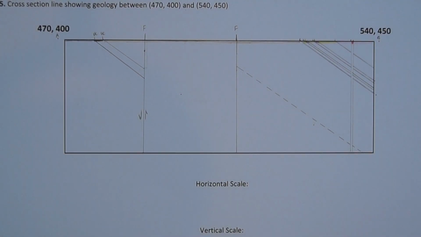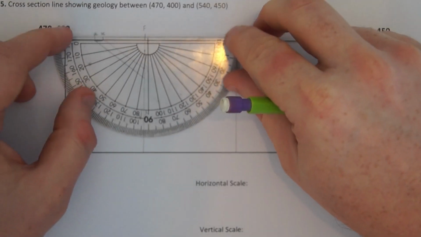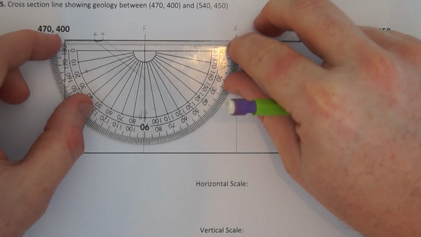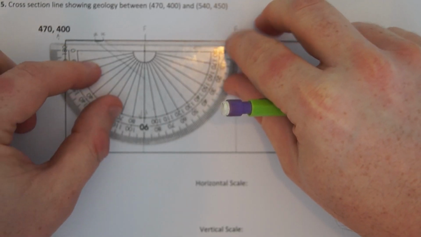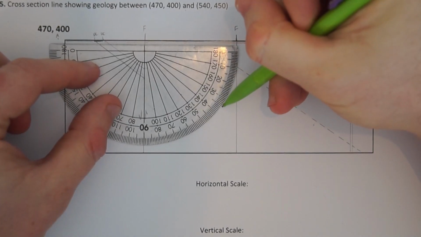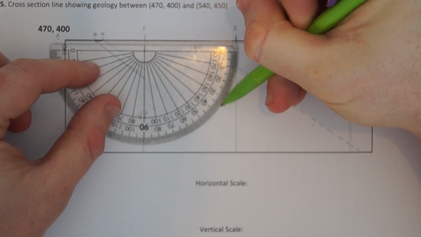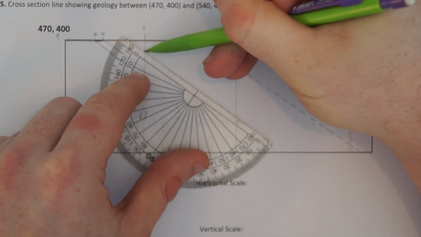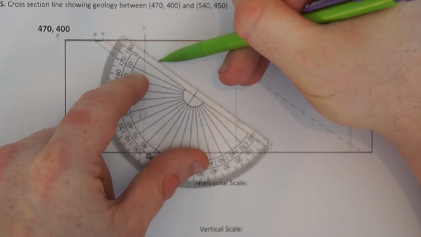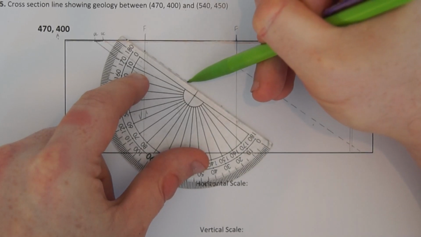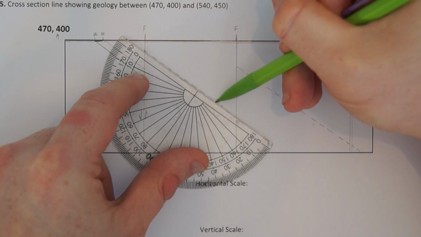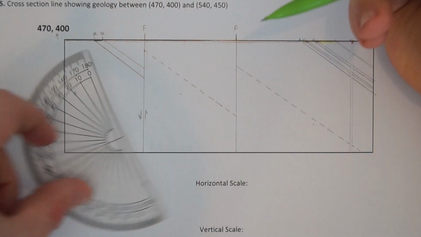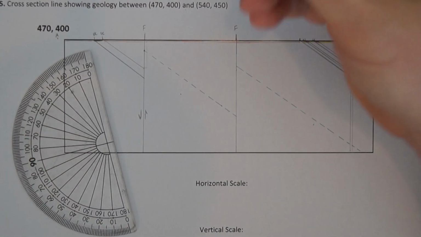Then what I'm going to do is get my protractor, line it up on that point which I've just marked on the fault plane, and then drop that contact, that dip, to 35 degrees. Now, because I've interpreted this, I'm going to denote it with a dashed line.